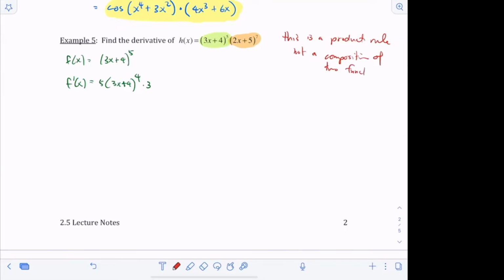But when I look at the derivative of each piece of the product, I need to use the chain rule. When I look at each piece it uses the chain rule, but the actual main rule is the product rule. Does that make sense? So I used the chain rule for this one.